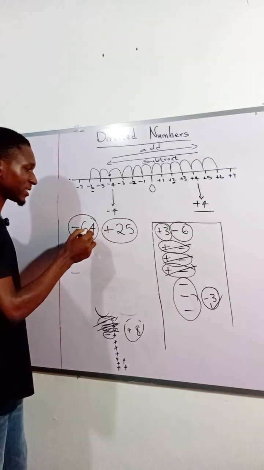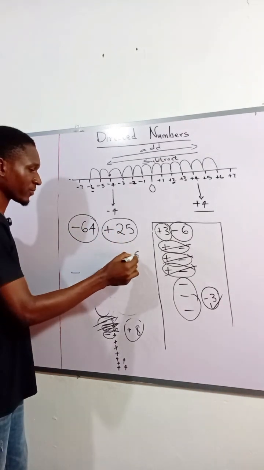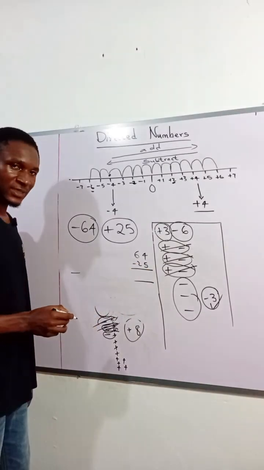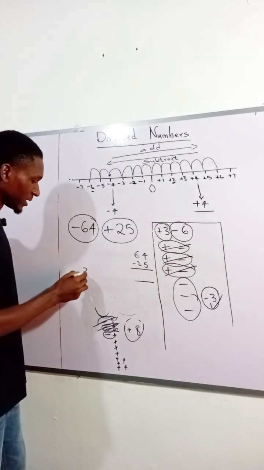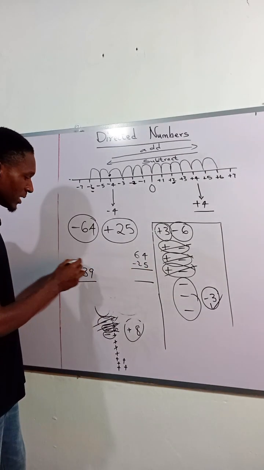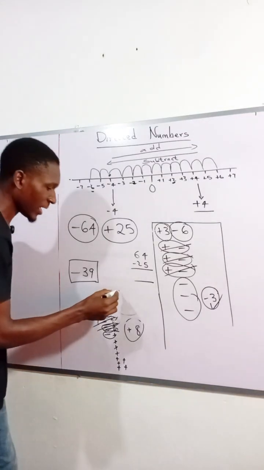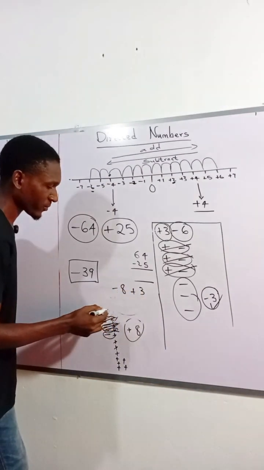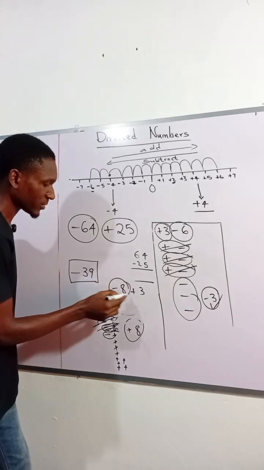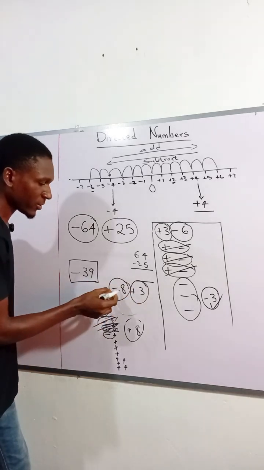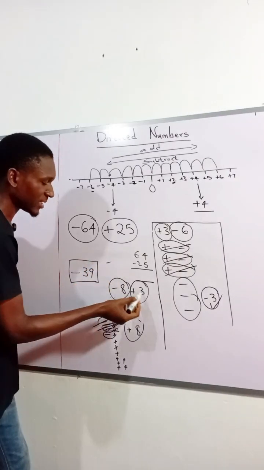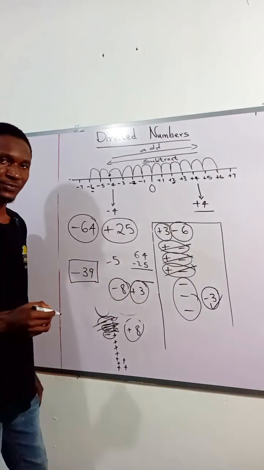And then you subtract 64 and 25. 64 minus 25, and whatever answer you get, which is going to be 39, you put it as your answer. So if you have minus 8 plus 3, the minus is bigger than the plus, therefore our answer is minus. And then 8 minus 3 is 5.